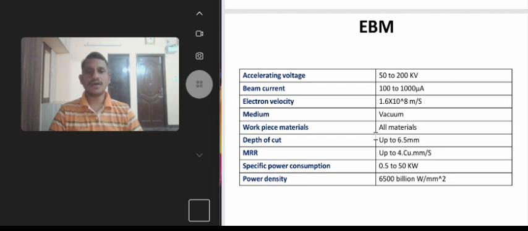Depth of cut up to 6.5 mm. Material removal rate up to 40 mm³ per second. Specific power consumption 0.5 to 50 kilowatts. Power density 6500 billion watt per mm².